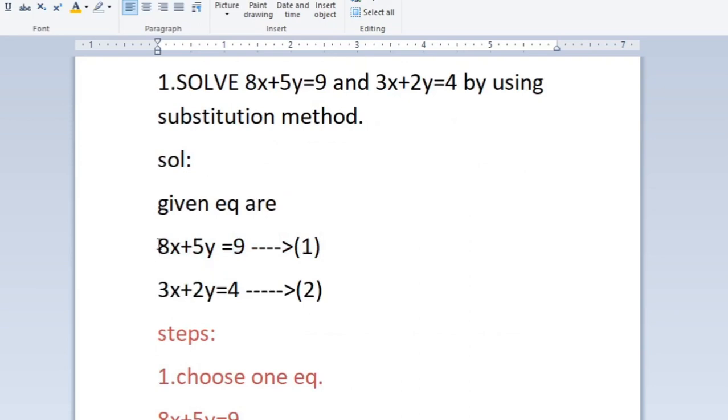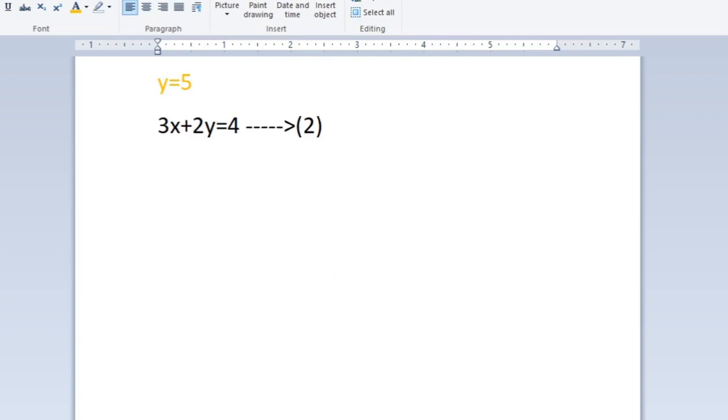Whenever you find the less coefficients, you have to opt for that equation. Therefore here I opt for the second equation because of less coefficients. Now I will substitute the value of y here in this place. Then 3x plus 2 of 5 is equal to 4. The next step is 3x plus 2 into 5, 10, is equal to 4.